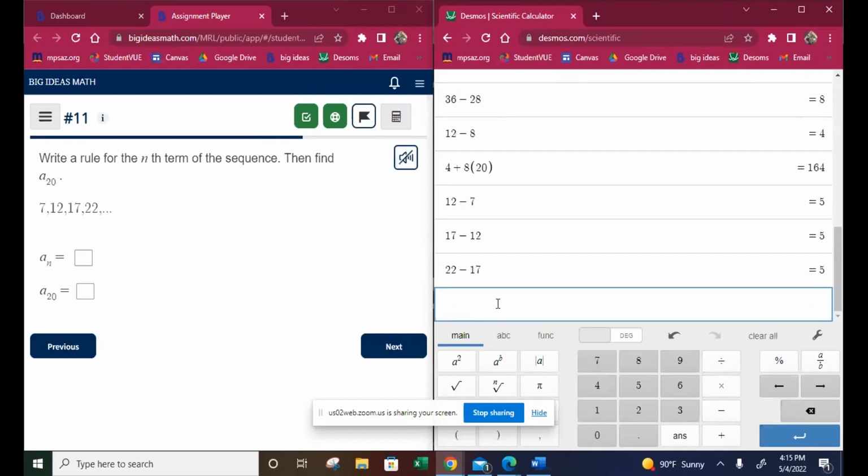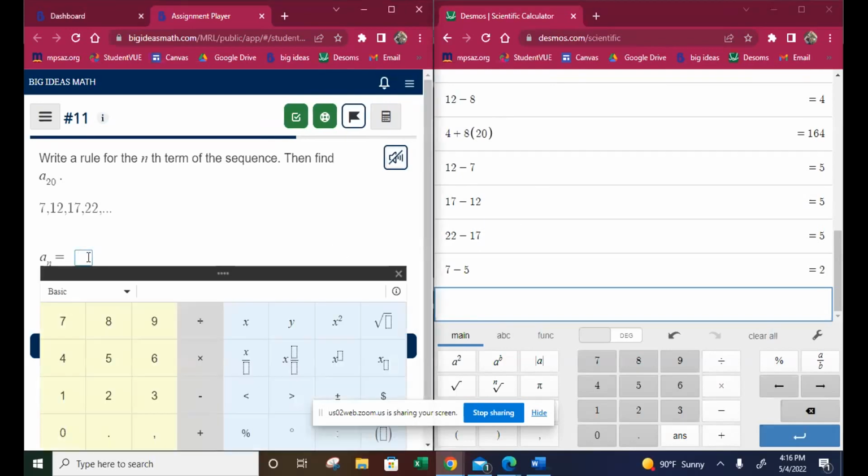And maybe 7 minus 5. Yes, it would be 5 minus 7. So it'd be 5 plus. No, it's the number that goes left of 7. Yes, 2 plus 5n.